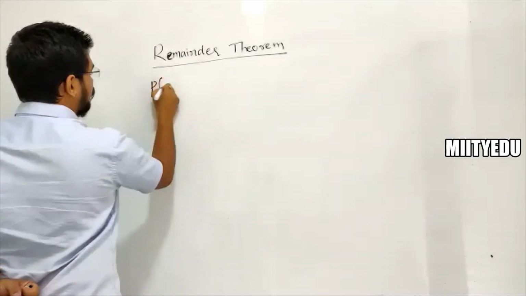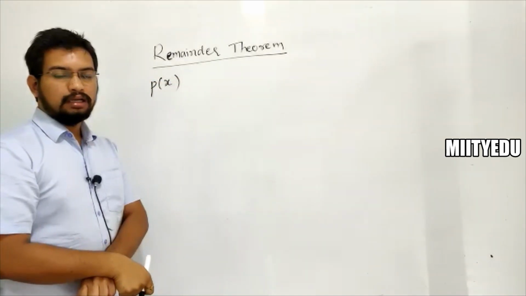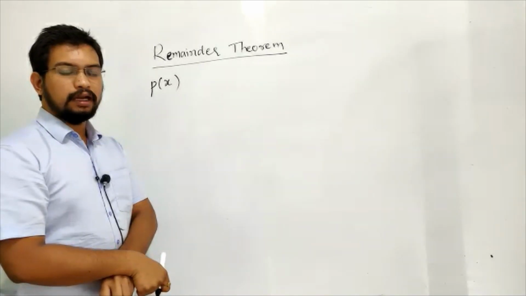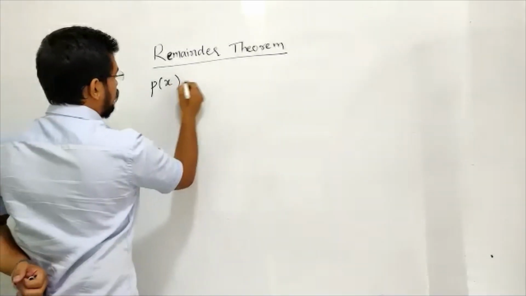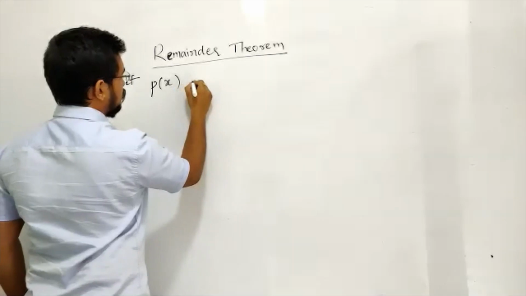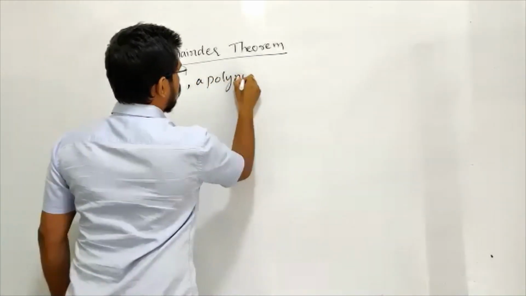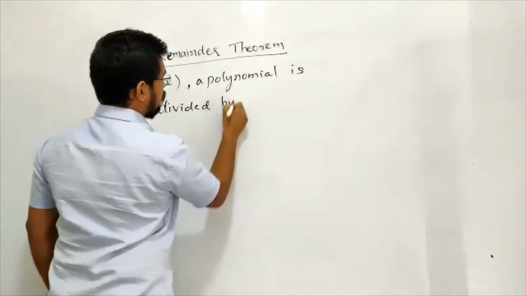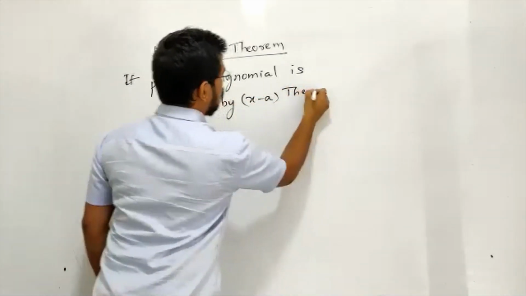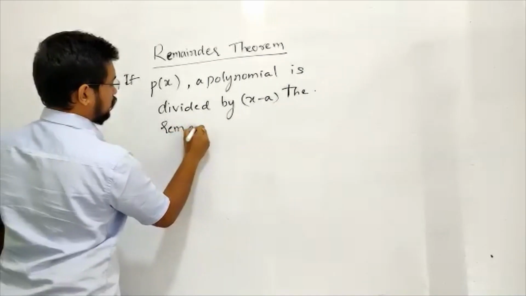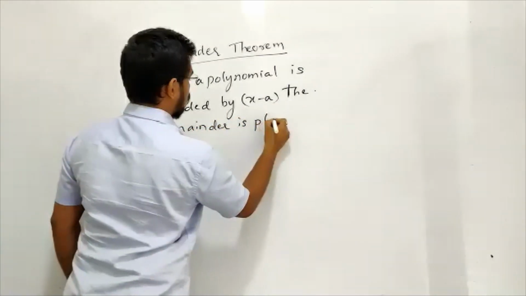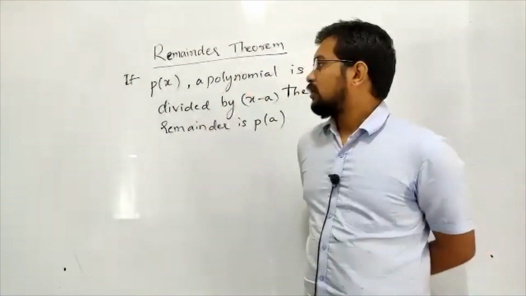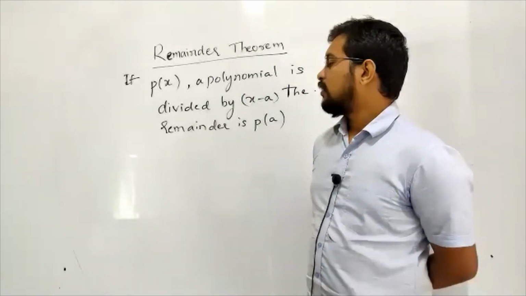If I take some polynomial p of x, when a polynomial p of x is divided by x minus a, the remainder will be p of a.